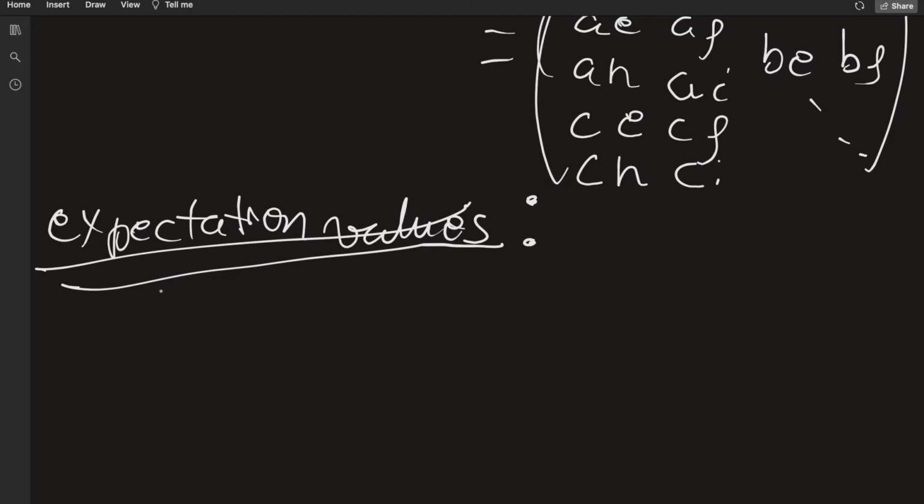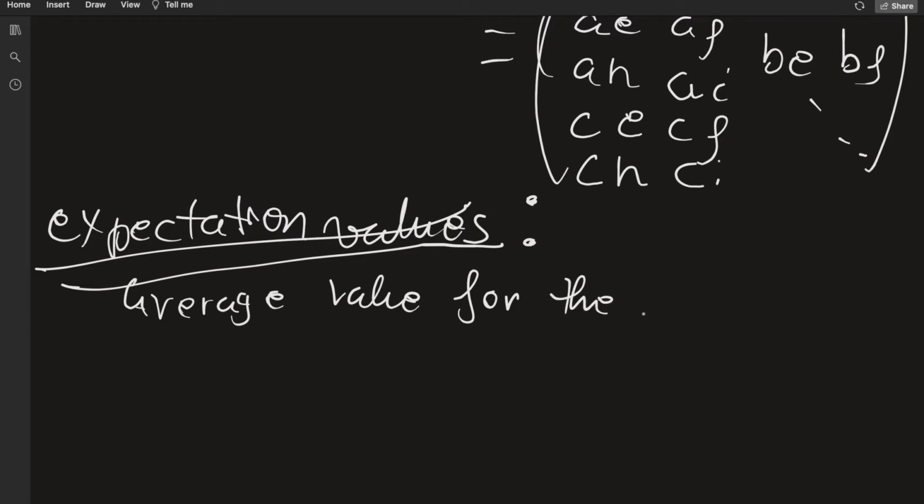Expectation values we usually denote as an average value of the operator, so I'll note it like this, right?